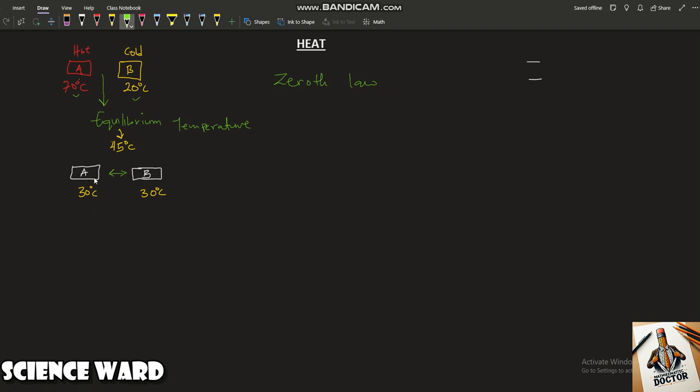Now, how do we measure the temperature between A and B? To measure the temperature between A and B, we use an instrument, and the instrument we use to measure the temperature is referred to as the thermometer.